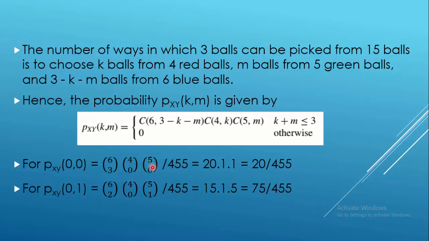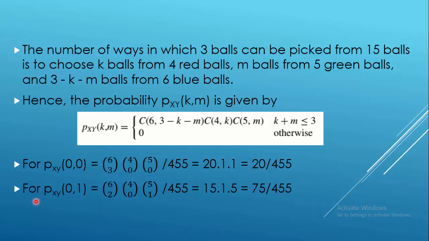So what we get is divided by 455, because this is the total number of combinations. So here the binomial coefficient of 6 and 3 is 20, C(4, 0) is 1, and C(5, 0) is also 1. So it is equal to 20 divided by 455.